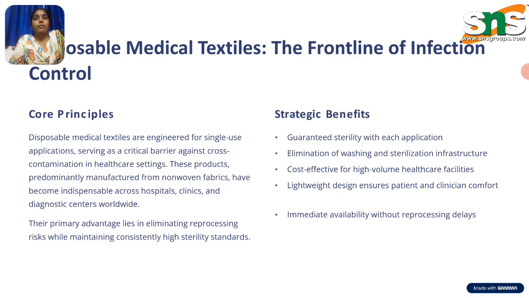Some products are made for sensitive skin; based on the skin type of the user, the products have been designed. Then, immediate availability without reprocessing delays, so that we can have whatever we need in any place, and based on the need we can buy the products. These are the main advantages of disposable medical textiles.